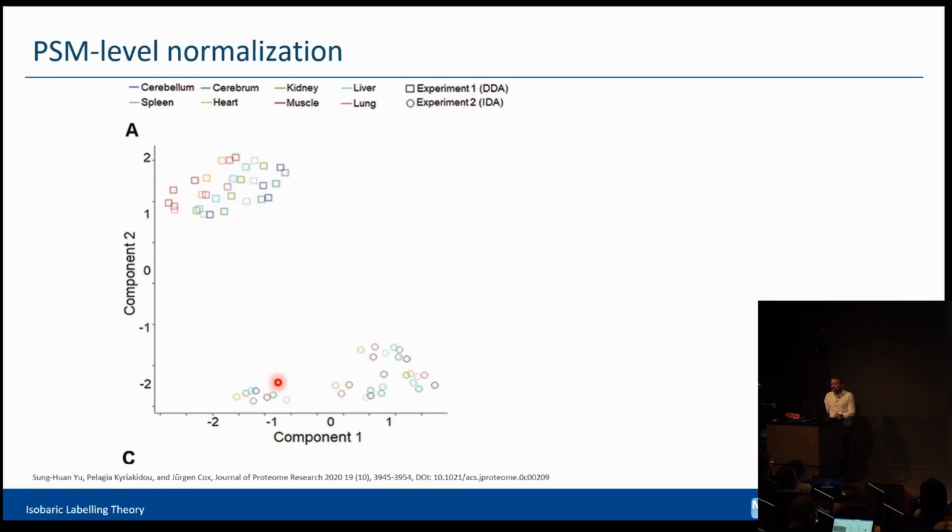So the idea here is to have a normalization for the channels, for the TMT or iTRAQ channels, by doing it on the PSM level. So taking the precursor ion intensity, and this is multiplied with the fill time.